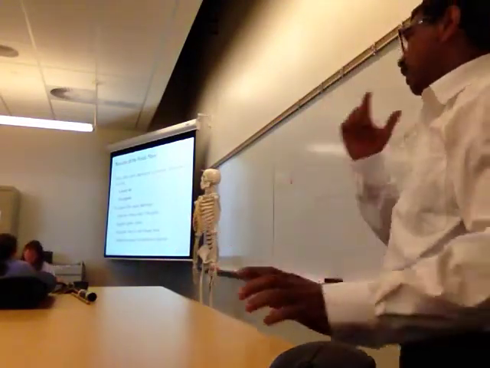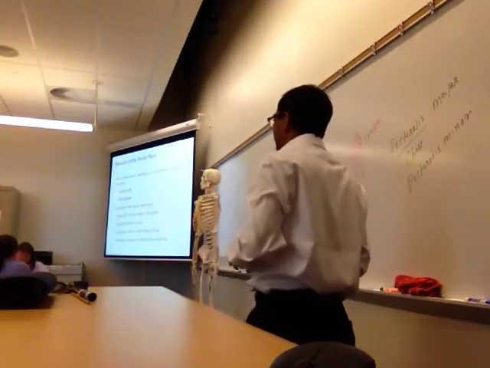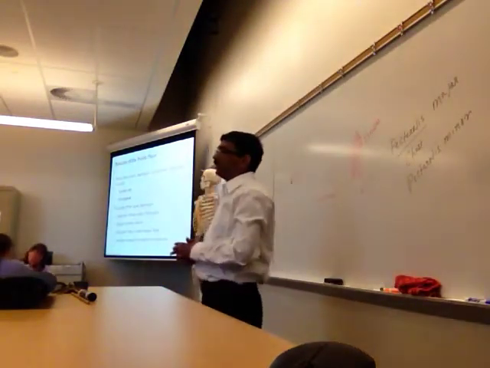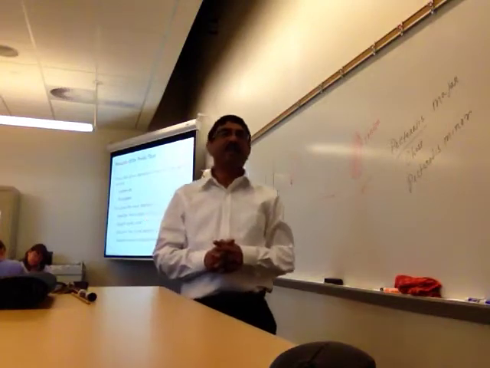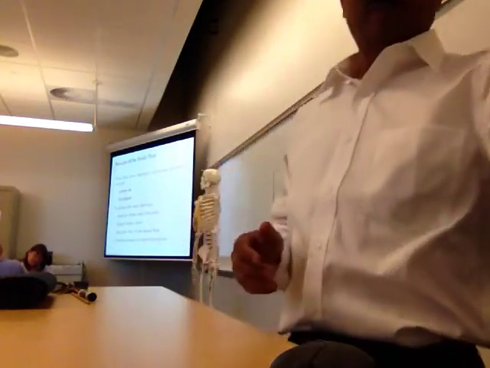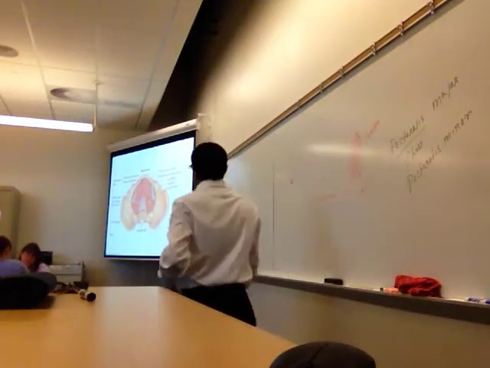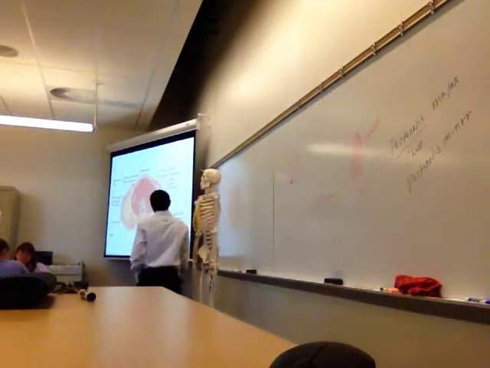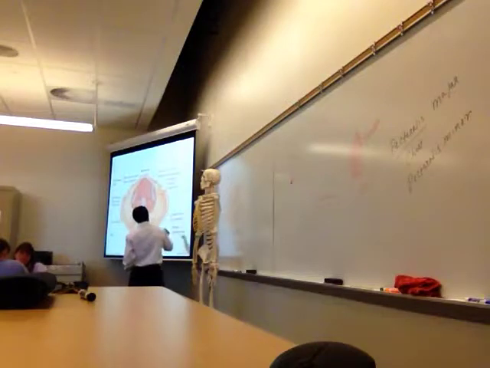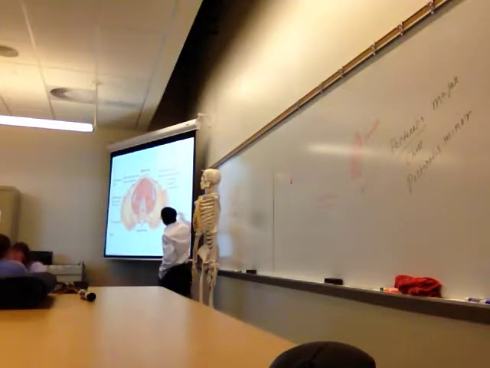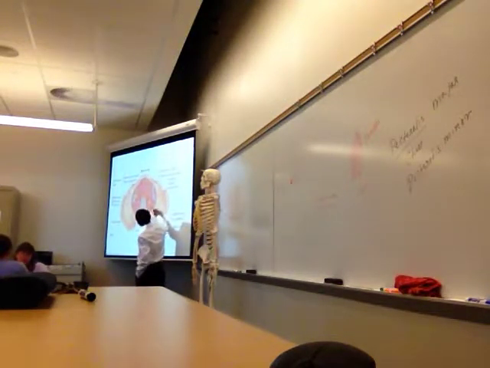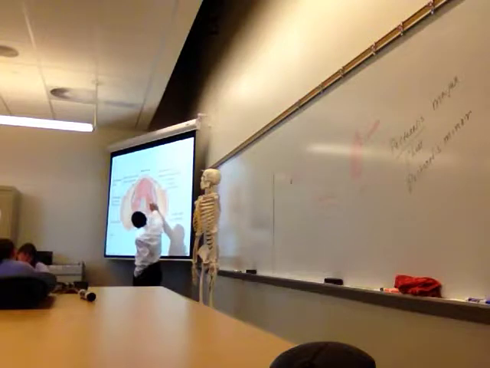Two muscles are the main muscles of the pelvic floor: levator ani and coccygeus. So remember those two names. This is the coccygeus muscle attached to the coccyx, the tailbone, and this is the levator ani.